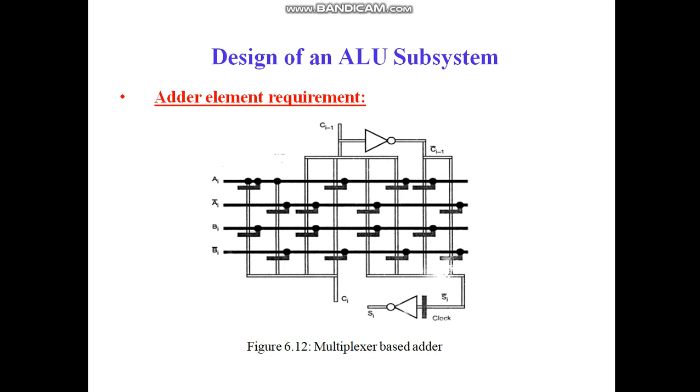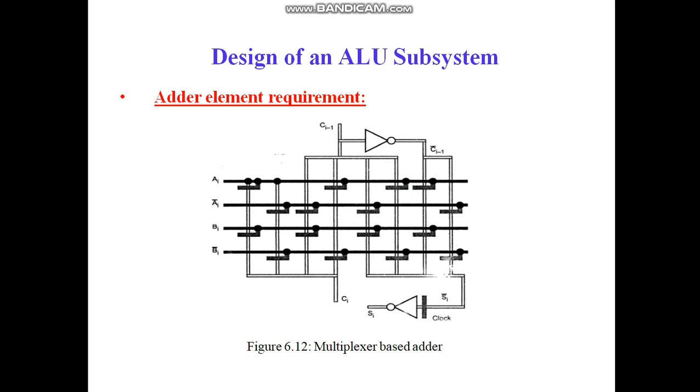So SK becomes CK minus 1 bar. And look into the other combination. When AK and BK are different, that is A bar B and A B bar, then SK is same as CK minus 1. So here the design is done using NMOS circuits only.